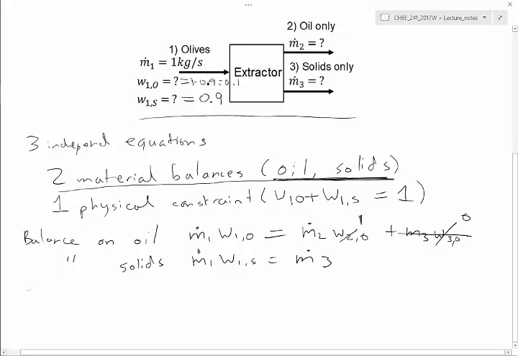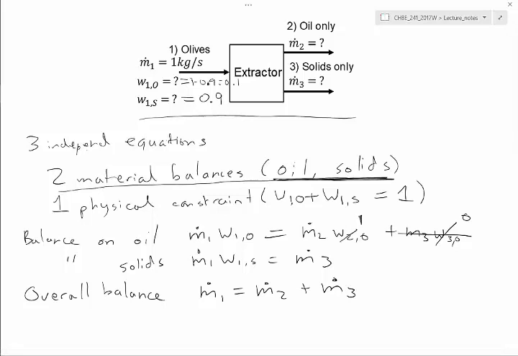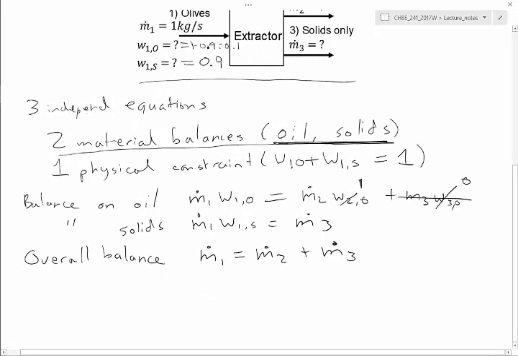I also have a third balance, which is the overall balance. And this is M1 being equal to M2 plus M3, just a total mass balance, everything that's going in equaling everything that's going out. So I have 3 balances, but only 2 of them are independent, and that's because I can find the third one using a combination of the other 2.